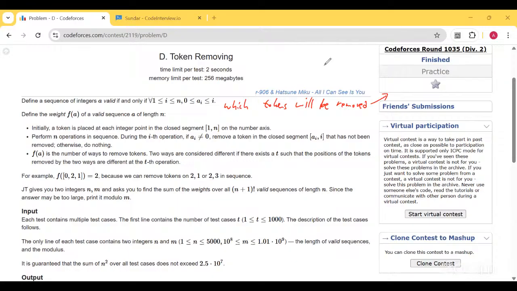For each token, there are two possibilities: either we remove it or not. And there are n tokens. So how many configurations of removed tokens?